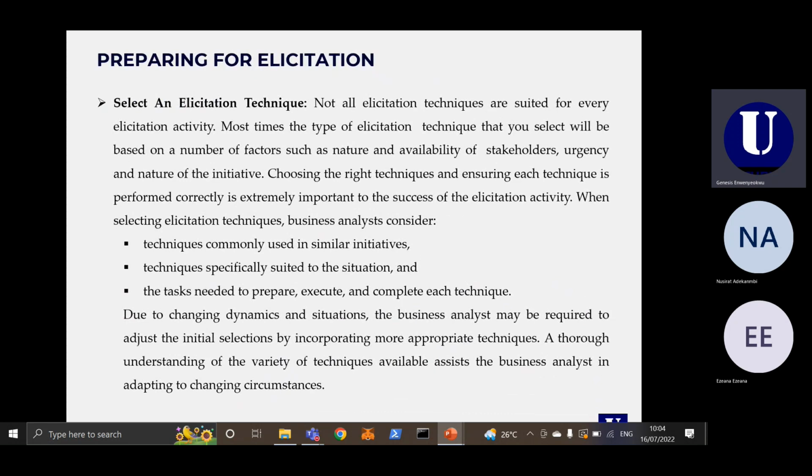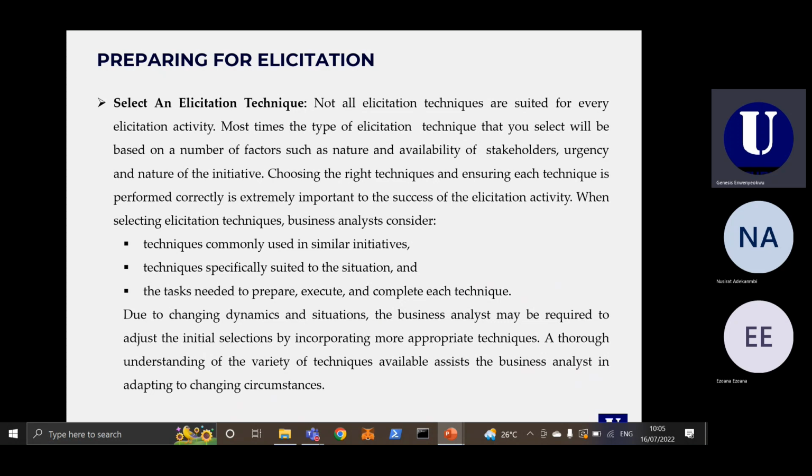So if you are able to understand the scope of the elicitation activity, the next thing for you then is to select an elicitation technique. You need to understand that not all techniques are suited for every elicitation activity. What do I mean? If you want to elicit technical requirements, the best way to do so is through a workshop. You can't be using surveys and questionnaires to elicit your technical requirements.